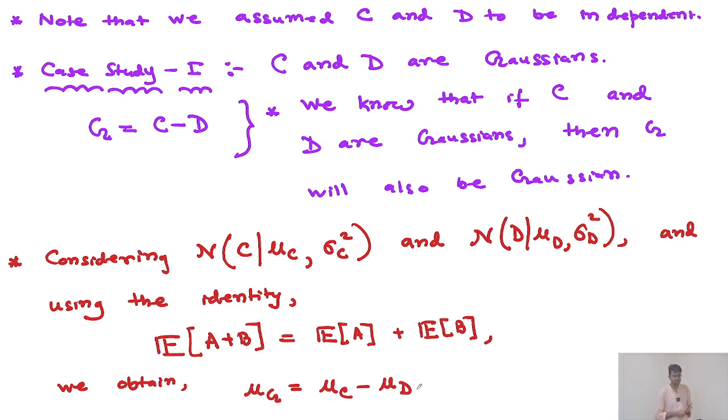Variance of A plus B is equal to variance of A plus variance of B plus 2 times covariance of A comma B. Now A and B, in this case C and D, are independent, so what happens to covariance? So we will get variance of C plus variance of D. And in this case, because of the negative sign, the covariance was supposed to be negative. This was not. By the way, this important point came into my mind because of this.